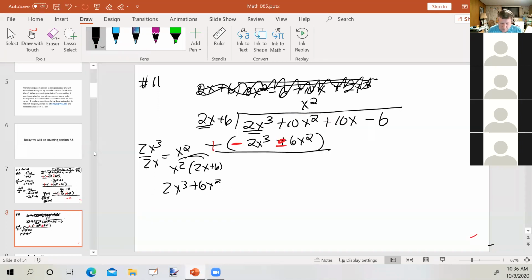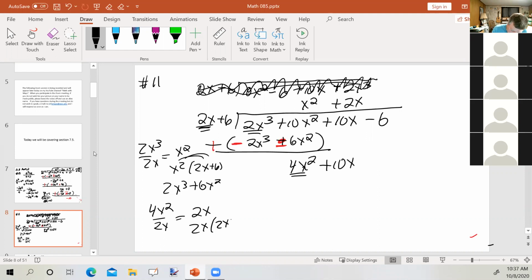Add up the columns. 2x cubed plus negative 2x cubed is no x cubed. 10x squared plus negative 6x squared is 4x squared. Bring down the next term and start the process over. Leading term inside divided by leading term outside. 4x squared divided by 2x is 2x, so plus 2x.